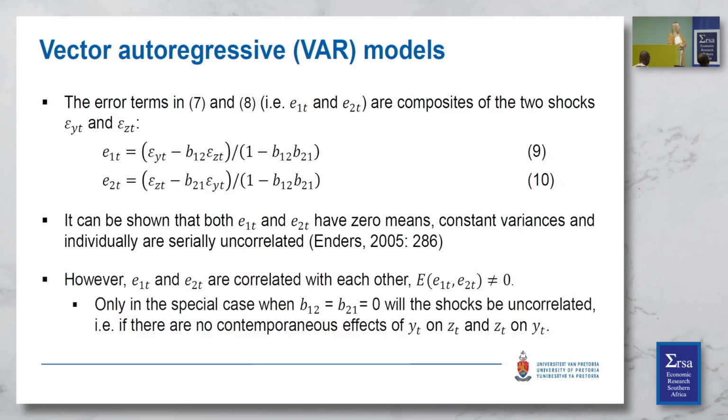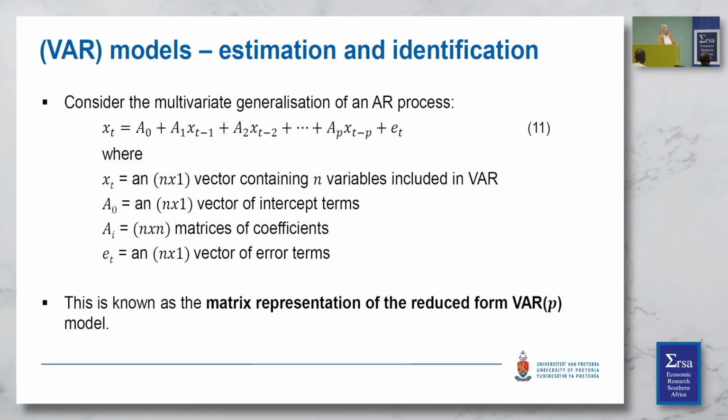So they relate like that. So that means the correlation between the two, because this one is for Y and this one for Z, the correlation is non-zero. Only in the special case that both variables affect each other with a lag can we claim that they will be independent, which is hardly the case. Many economic variables that are related will affect each other, or at least one of them will affect the other one contemporaneously.